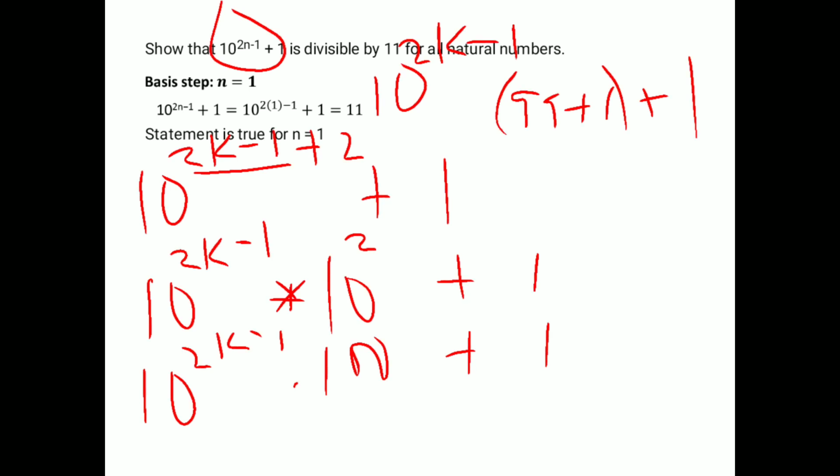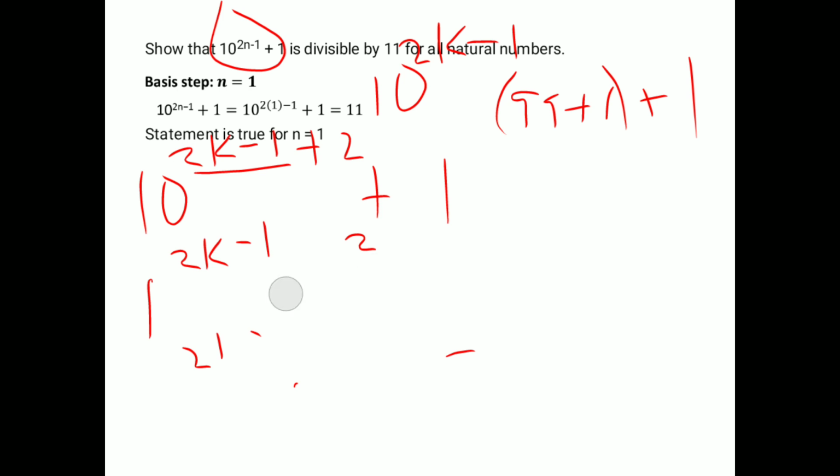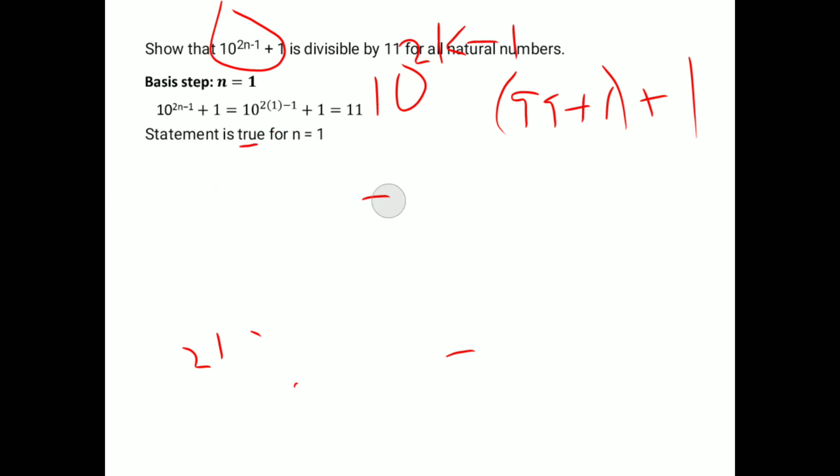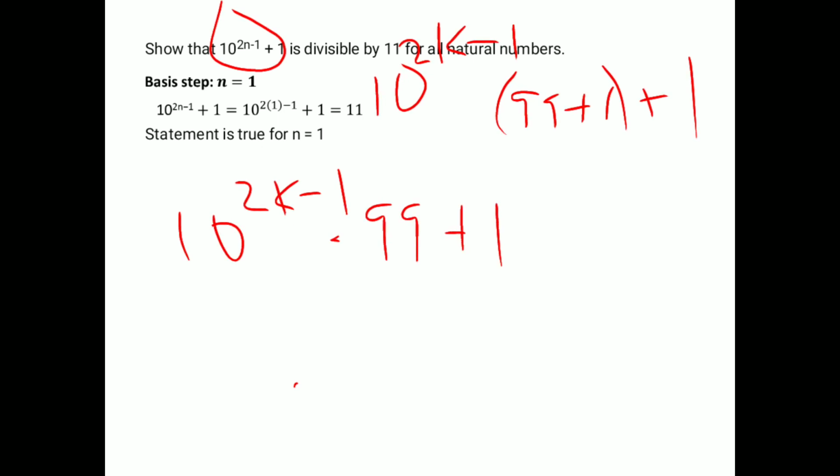Okay, let's rub the whole of this off. So if you open the bracket now, we are going to have 10 raised to power 2k minus 1 times 99, plus 10 raised to power 2k minus 1, and plus 1.